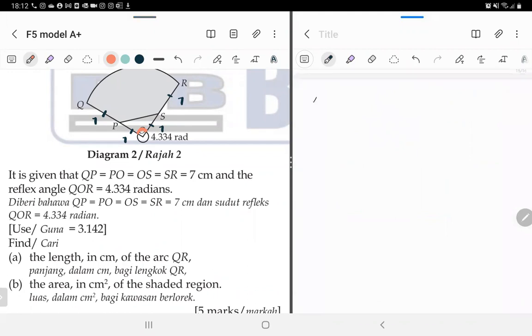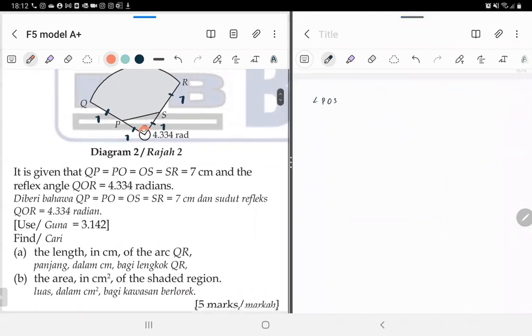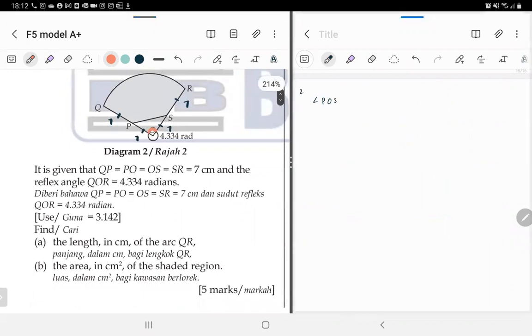The angle POS. Convert 4.334 into degrees. Or besides converting, you can actually have an easier way. 180 degrees is actually pi radians, and 360 will be 2 pi radians, or else you can write 3.142, so 2 pi will be 6.284.